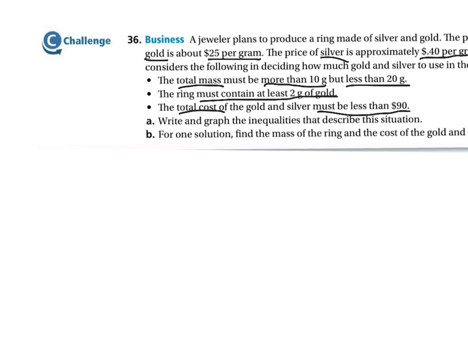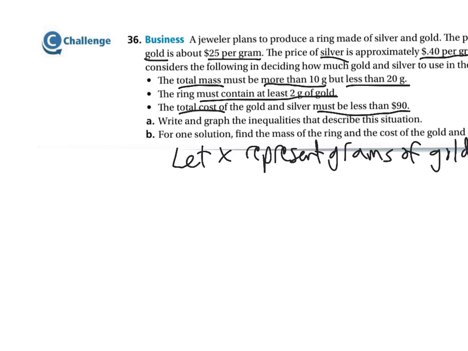So we have several inequalities here. One inequality is going to involve the cost. So, if we just let X represent grams of gold and Y is the grams of silver.